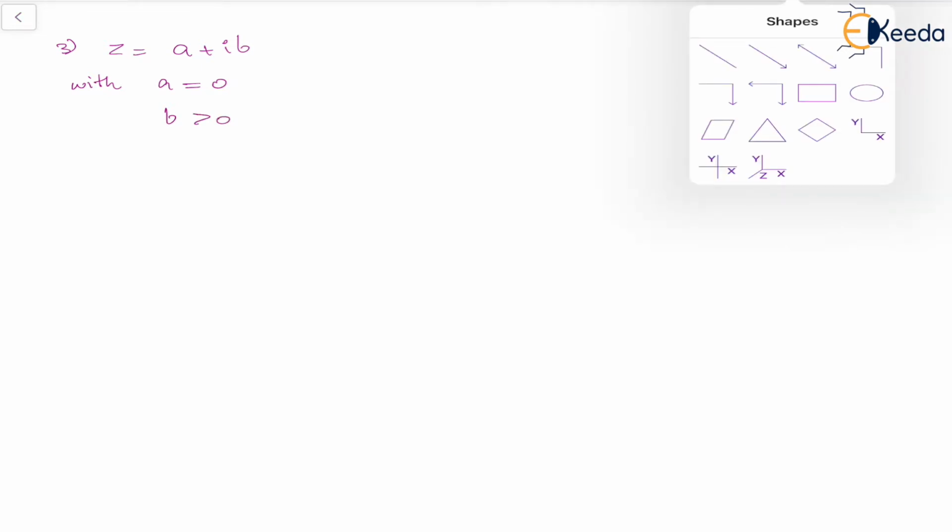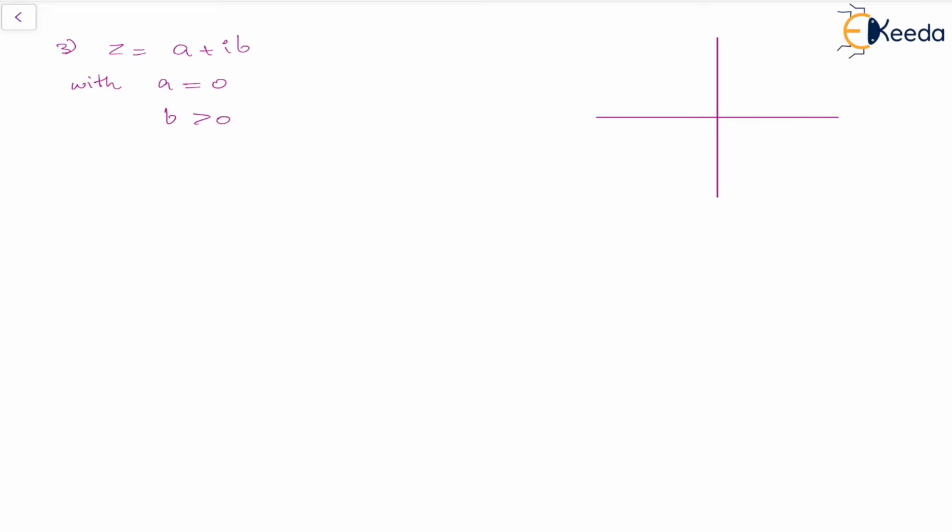Let's see the third part now. The third part is where we will have z equal to a plus ib with a equal to 0 and b greater than 0. So on the xy plane, the real part is 0, whereas the imaginary part is greater than 0.